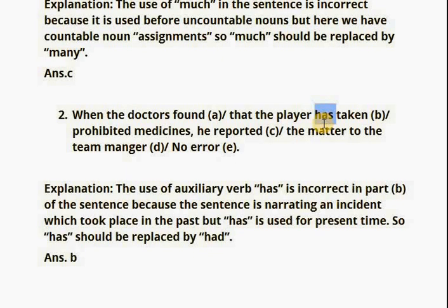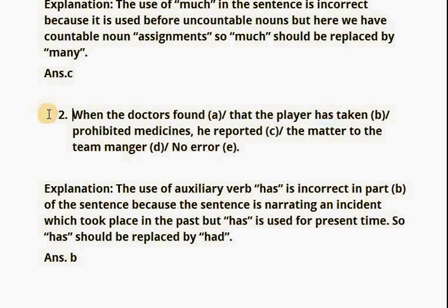When an incident happened in the past, the entire sentence should be in past tense and a past auxiliary verb should be used. So has should be replaced by had in this sentence.